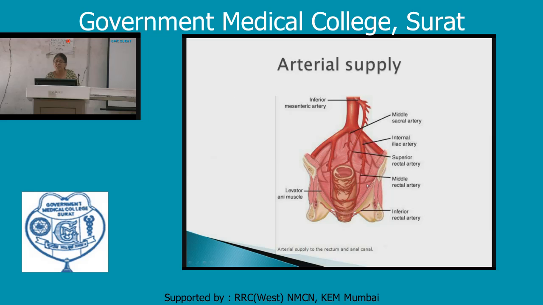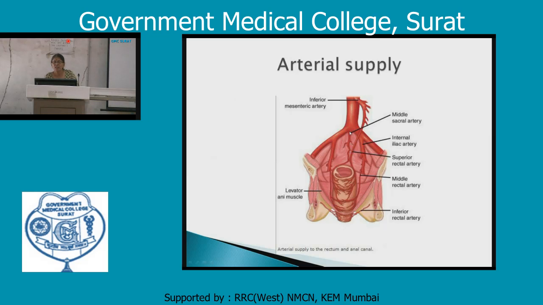Another artery which supplies blood to the rectum is the middle rectal artery. This middle rectal artery is a branch of the internal iliac artery. But it supplies only the outer musculature of the posterior surface of the lower part of the rectum, and does not reach up to the mucosa. And the third artery which supplies the posterior surface near the anorectal junction is the median sacral artery. We have seen in the midline a branch from the aorta.